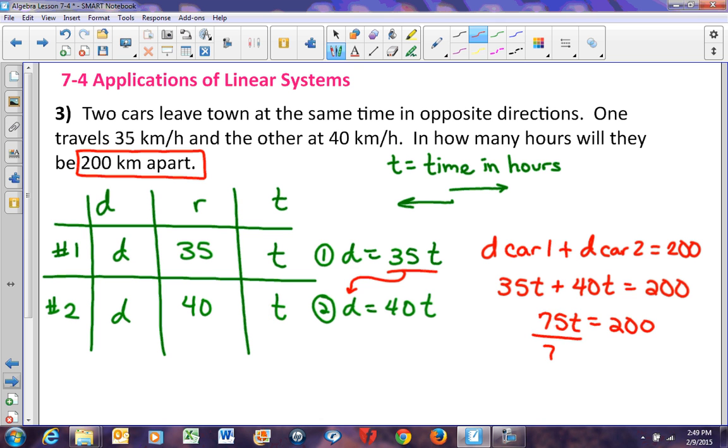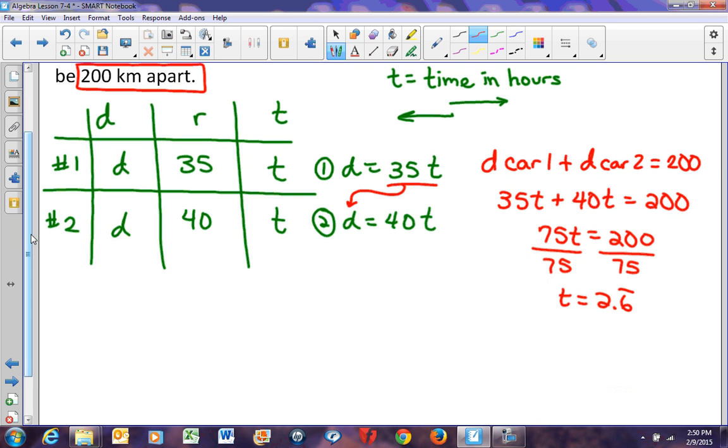Divide by 75. If you take 200 and divide it by 75, you are going to get 2.6 repeating, which you know me, I don't like decimals, especially if they don't terminate. 0.6 repeating is 2/3, in case you couldn't remember. So t will equal 2 2/3 hours, or for those of you who like hours and minutes, 2 hours and 40 minutes.